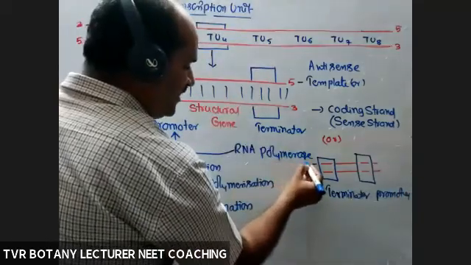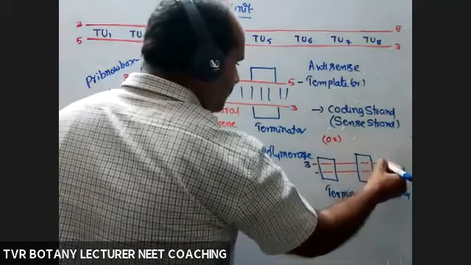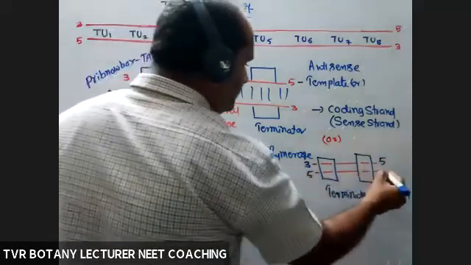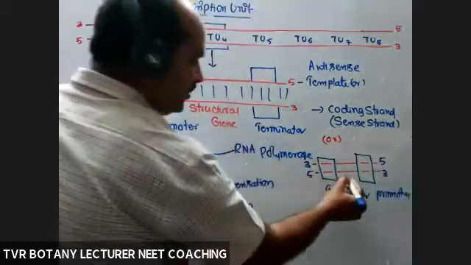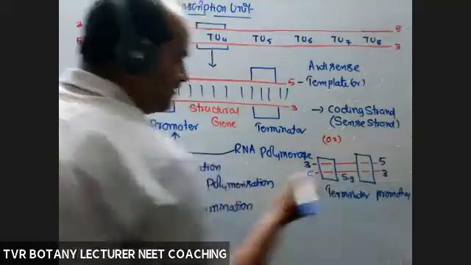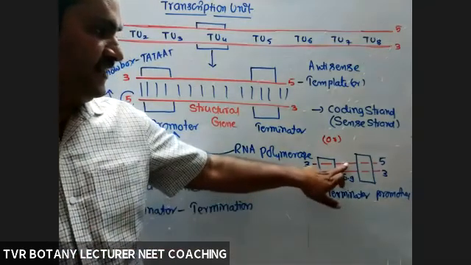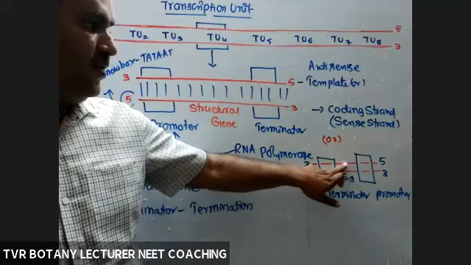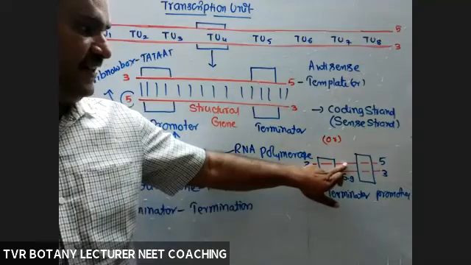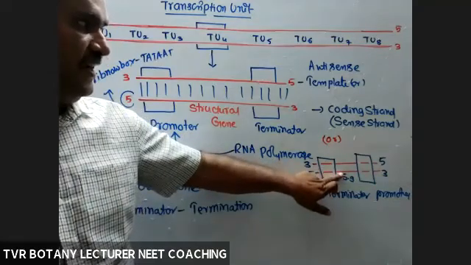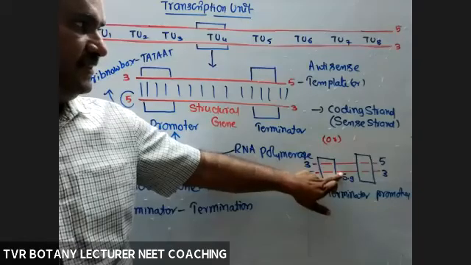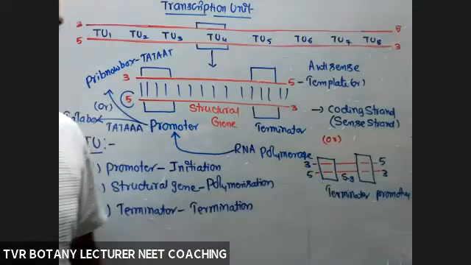And don't change the polarity of the strands: 3', 5', 5', 3'. And this one is a structural gene. So according to the position of the promoter and terminator, now this strand is the coding strand, sense strand, and this one is the template or antisense.